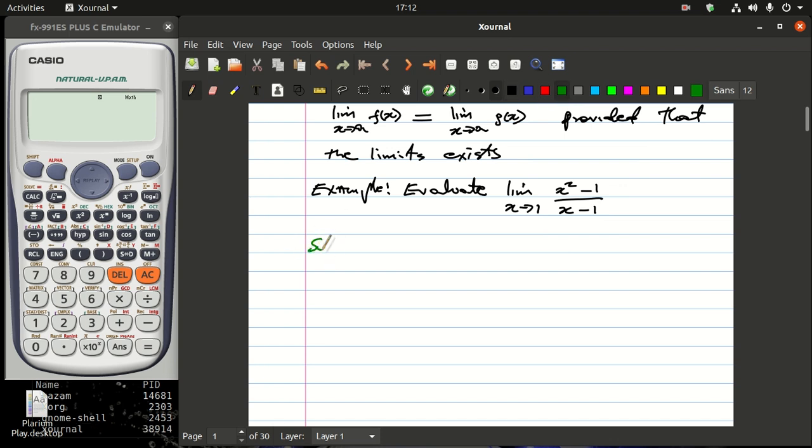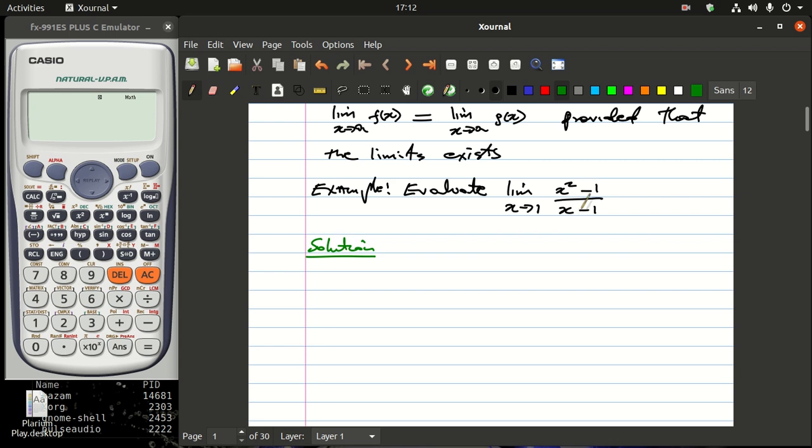The first thing we usually say is very simple: first plug in and see what you are getting. If I'm plugging in 1 here, 1 squared is 1, and then 1 minus 1 is 0. If I'm plugging in 1 here, I will get 1 minus 1, which means I will end up having 0 over 0.